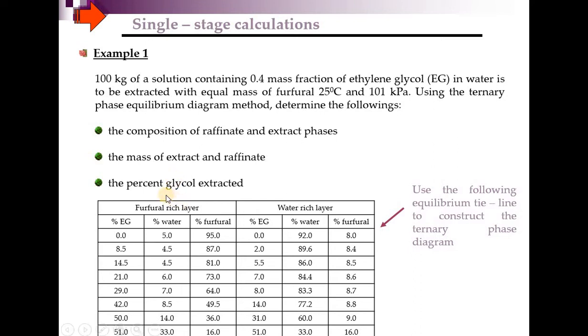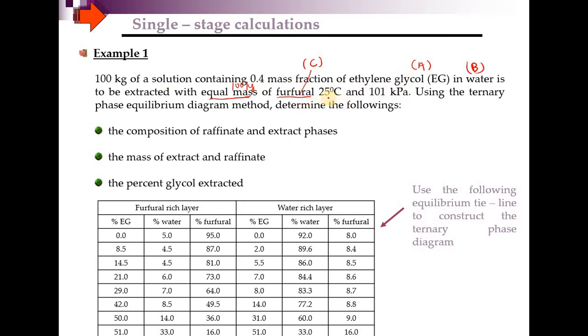So let's read the question. Example 1 is 100 kg of solution containing 0.4 mass fraction of EG, ethylene glycol, in water. So EG is component A and water is component B, the carrier or diluent for the ethylene glycol. It is to be extracted with an equal mass of furfural. So furfural is the solvent, we put it as component C. So the mass for component C is also 100 kg, same as the feed.